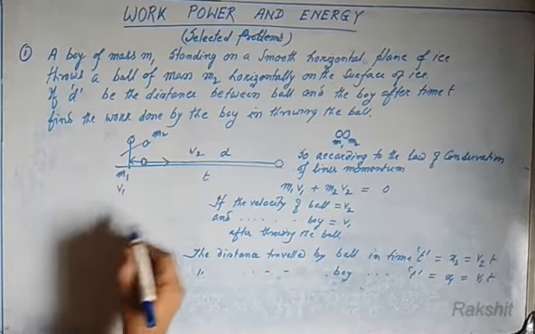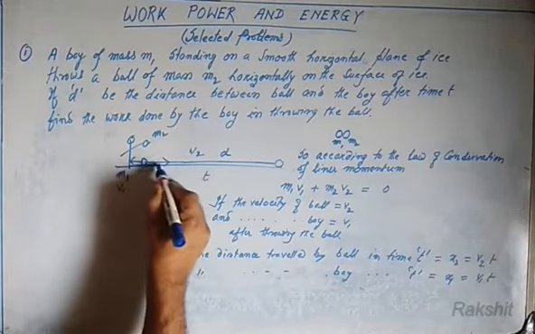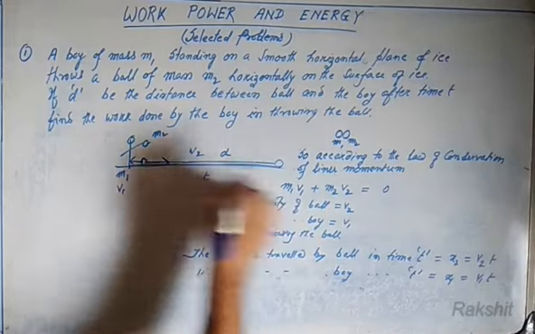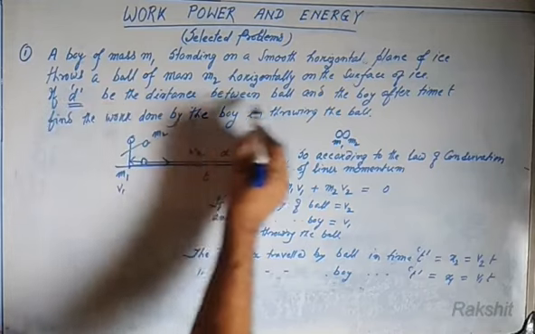So d is the separation after time t, the distance between ball and the boy.